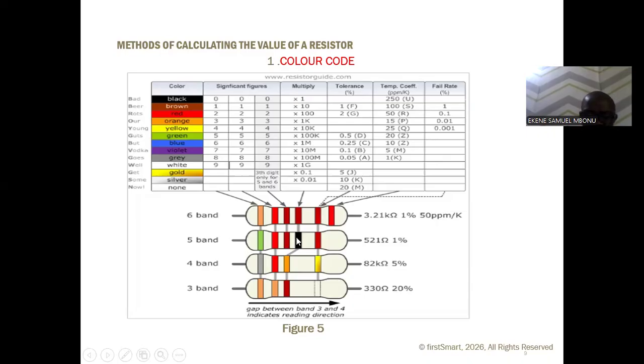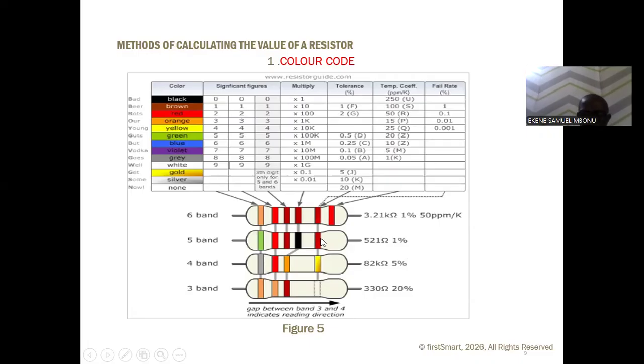And then for black, the multiplication factor of black is 1, so it still remains 521. Then for tolerance, you follow here. Is this brown? Tolerance for brown is 1%. That's it. You follow the same way to calculate this.